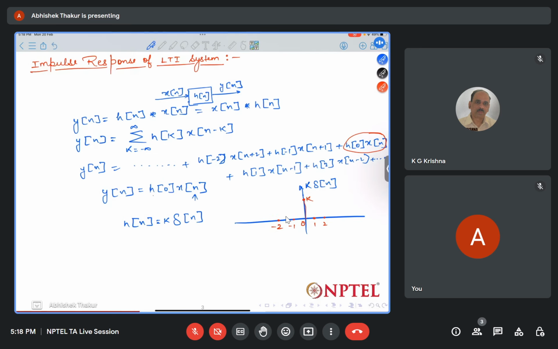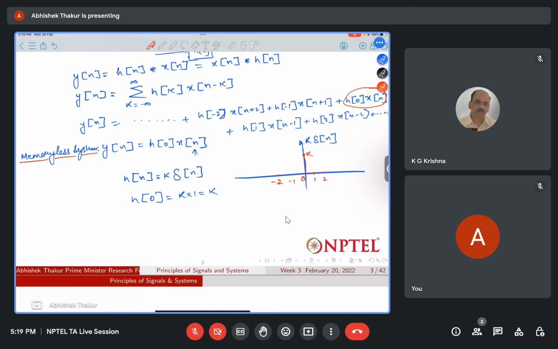So h[0] is equal to k delta[0], and delta[0] is 1, so it is k. This is for a memoryless system, which only depends on the current input value. So y[n] becomes h[0] x[n], that is k x[n].